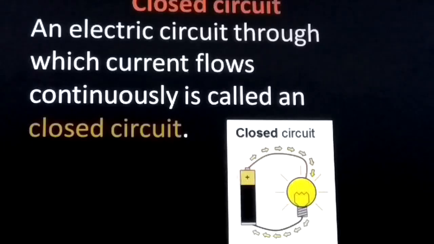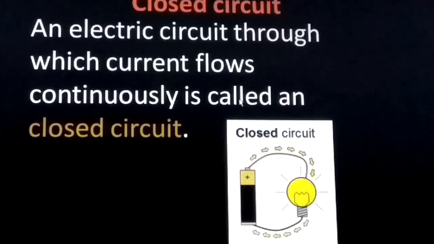Therefore a complete path is available for the charges to flow. So the current flows, shown by the glowing of the bulb.